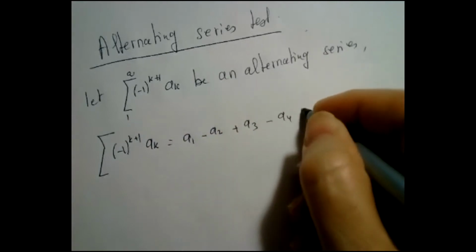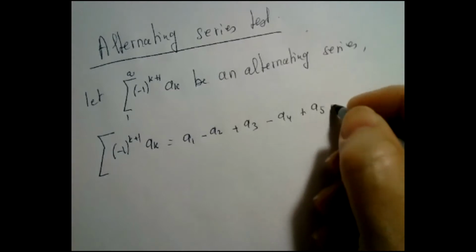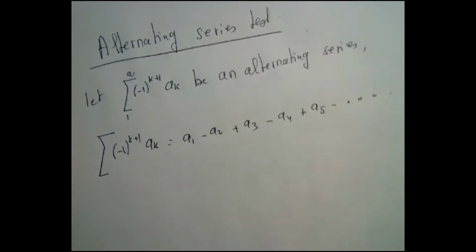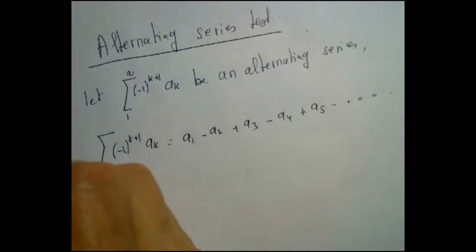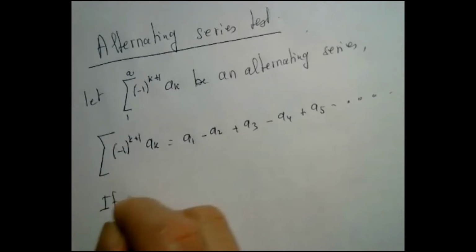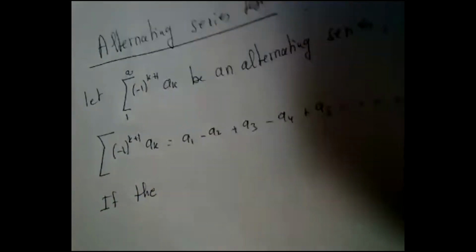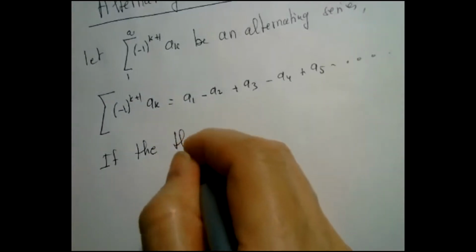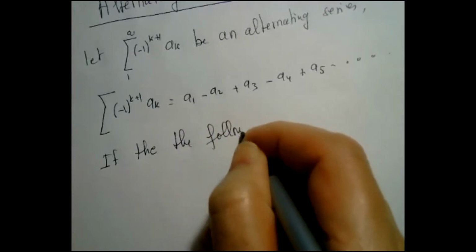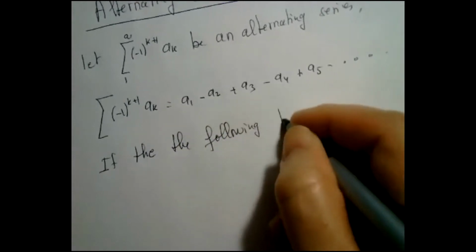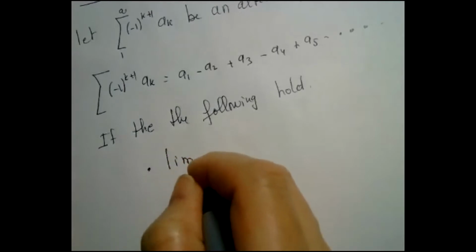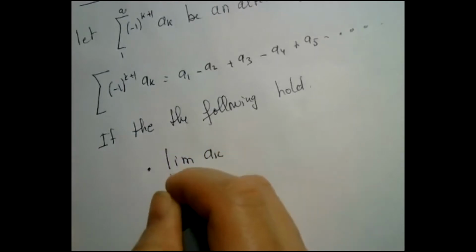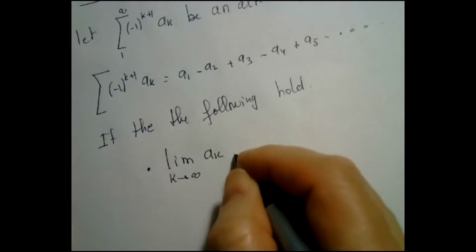I keep writing to give you a feeling that it's an addition of terms. Okay. Then, if the following are satisfied, if the series satisfies the following, two conditions. First, the limit of a_k equal to 0.